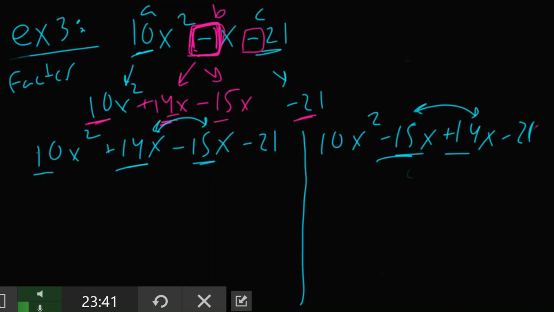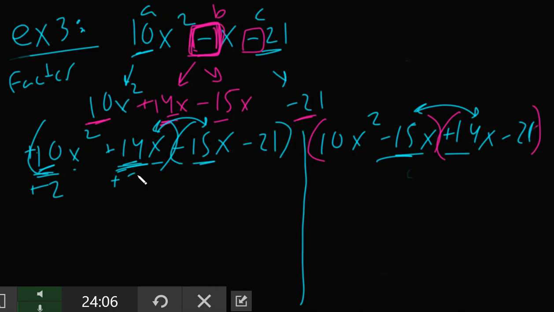So 10x squared and 14x, I put them in parentheses. -15x and -21, I put them in parentheses. Over here, 10x squared minus 15x, put those in parentheses, and 14x minus 21, I put those in parentheses. Now let's just work out one at a time. So 10x squared and 14x, it's positive, so I'm dividing out a positive number. 10 and 14 can both be divided by 2, and here, x squared and x can give up 1x each.